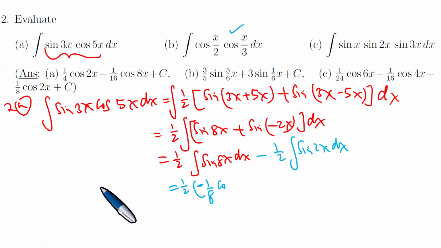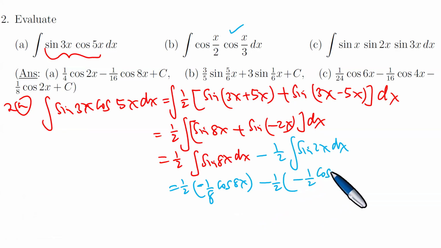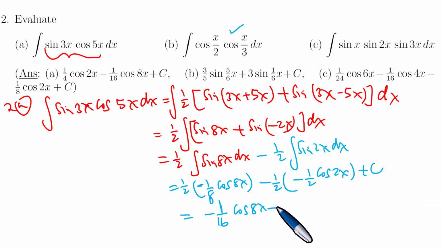Negative cosine of 8x, and then minus 1/2. This one is negative 1/2 cosine of double x plus c, minus 1 over 16 cosine of 8x, which is cosine of 2x.